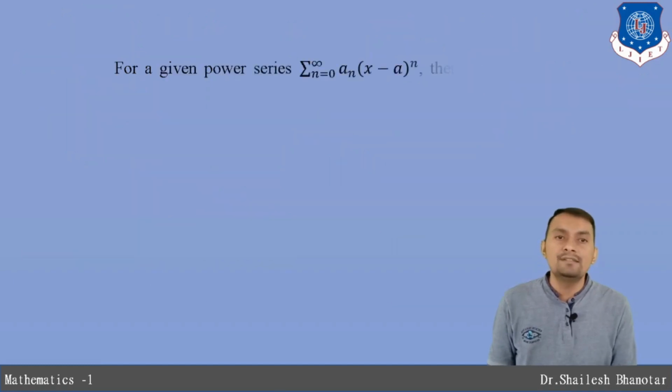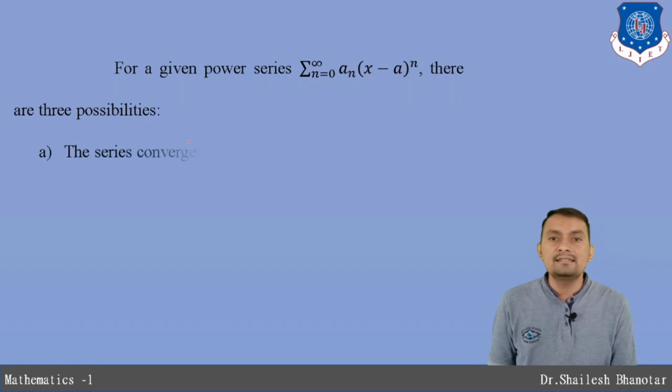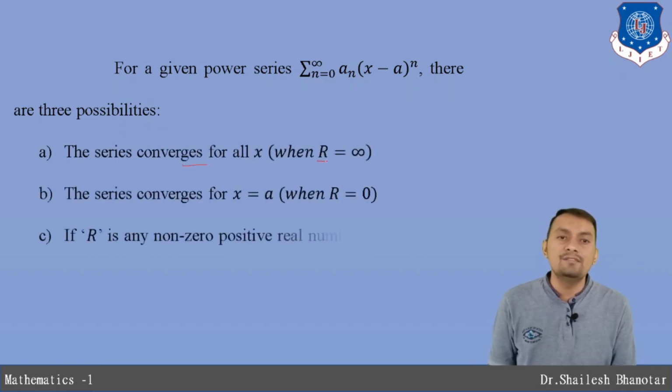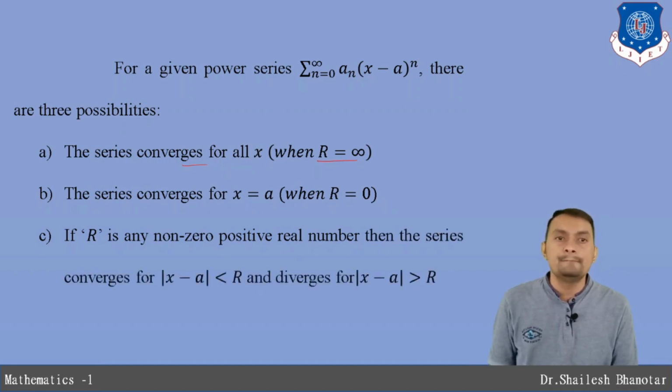So for a given power series, the conclusion says that the series is convergent for all x when r is equal to infinity, because we have derived that 1 divided by L is r. If we get this quantity equal to infinity, that means the given series is going to be convergent for all x.